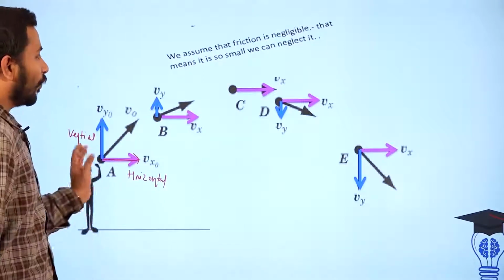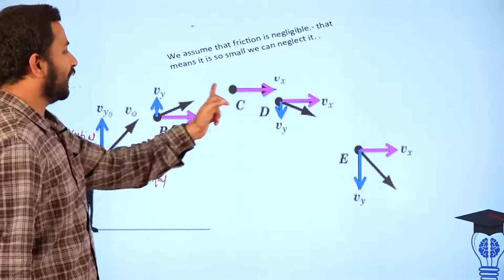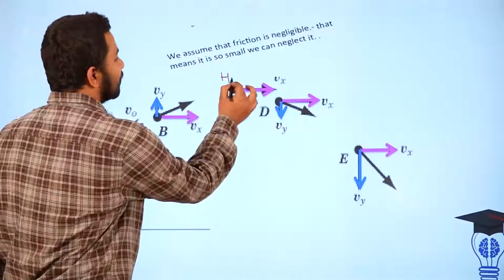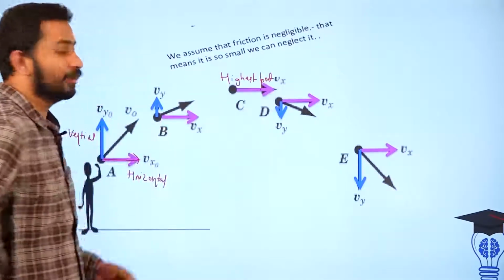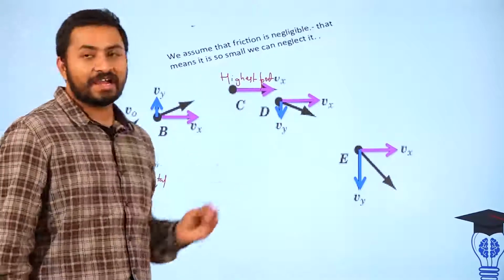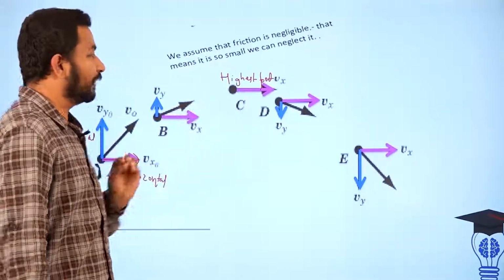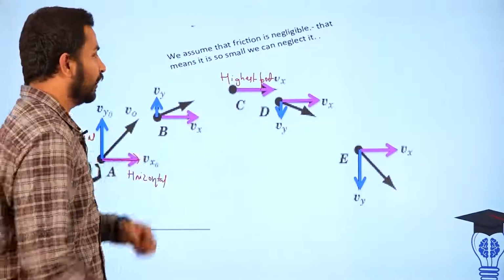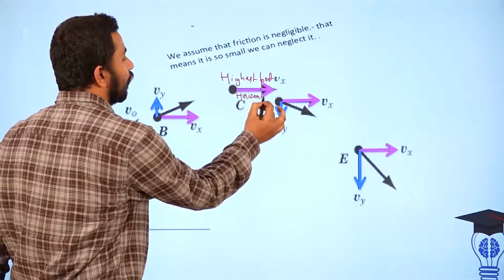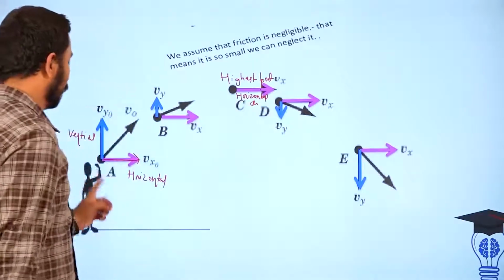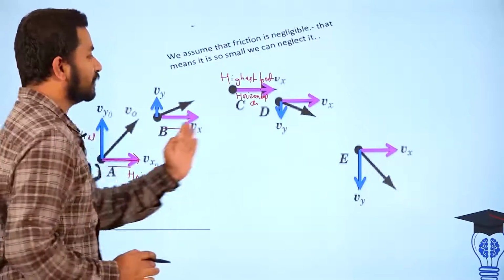When it is going from point A to C, this is the highest point of motion. Here we assume that friction is negligible, or we can ignore the friction. So at the highest point we see that there is only horizontal direction of motion. Only horizontal direction. So this horizontal direction is always fixed.